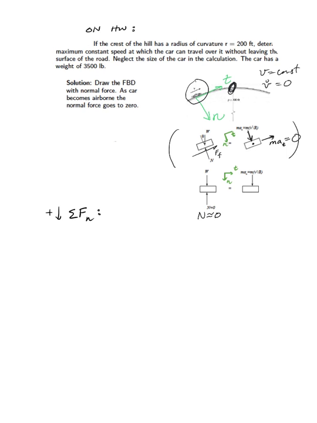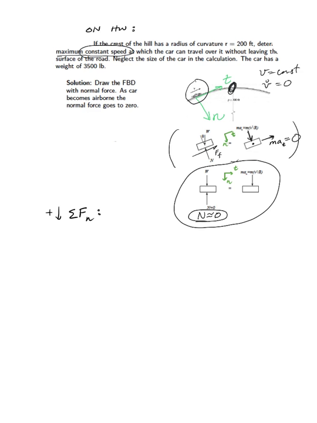So it actually comes down to a very simple FBD KD system, just a couple of things that were applied. One was constant speed, and the other, again, is that it's just without leaving the surface. So that's the case where that normal force is going to be just a fraction above 0.